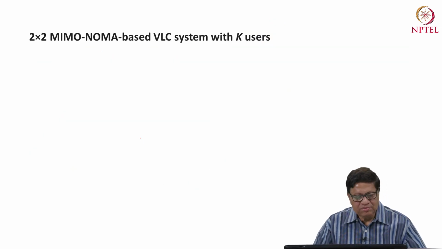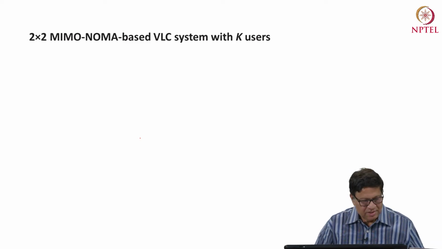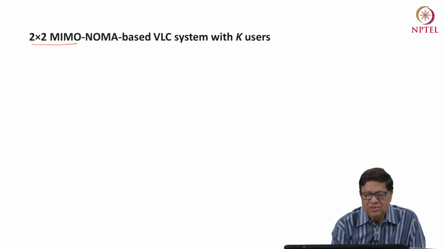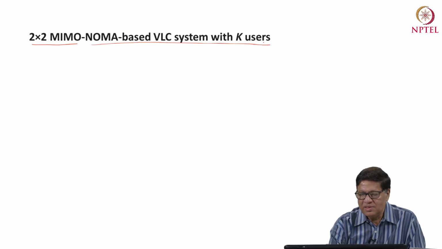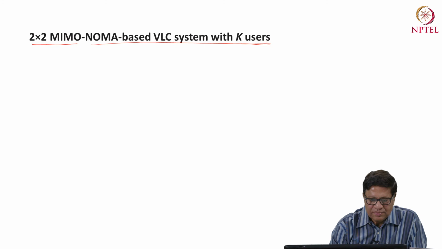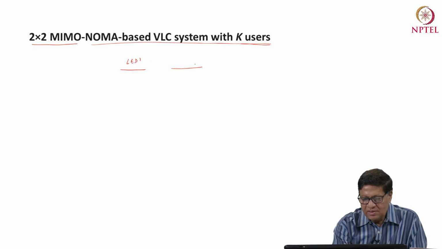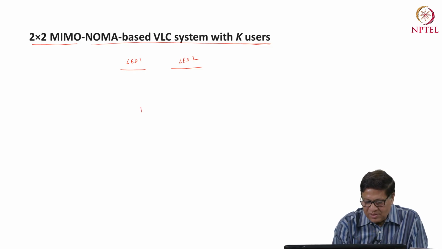So let us try to do some calculations using a small example where I am using a 2x2 MIMO NOMA based VLC system, and there are K users. So the system diagram is something like this. This is LED 1, this is LED 2, and then you have users here, and each user has say 2 photodiodes.